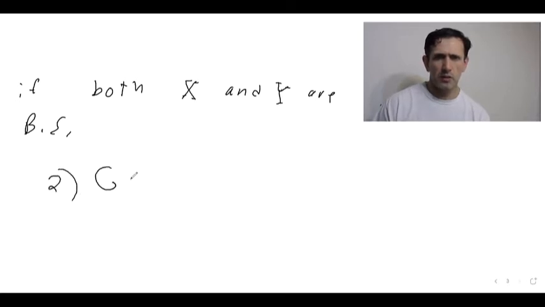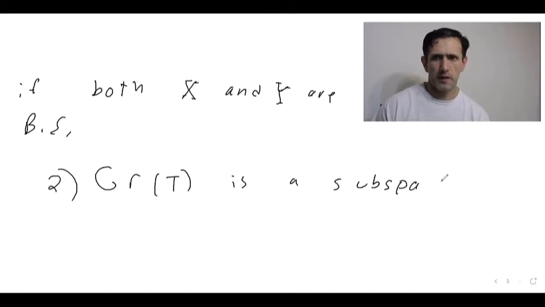And thanks to the linearity of T, you can easily check that the graph of T is a subspace of the Cartesian product vector space. Nothing terribly deep here.